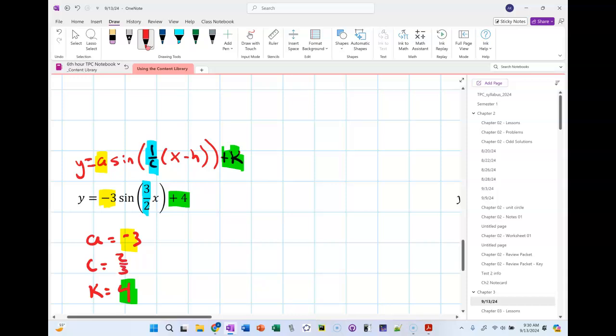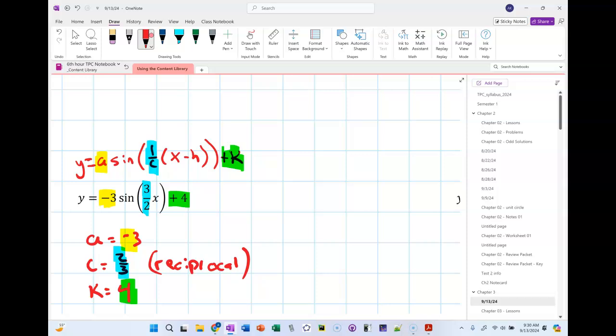So I'll write 2/3. Again, we're always going to be using that reciprocal there. I'm going to write that down to remind you that I got to do that. Very common mistake is for students to just write down the coefficient as C and not the reciprocal.